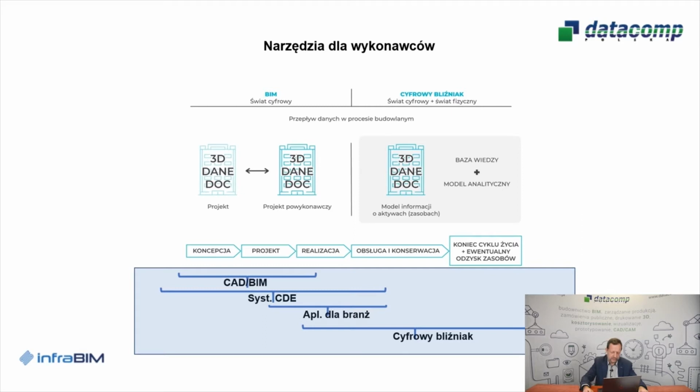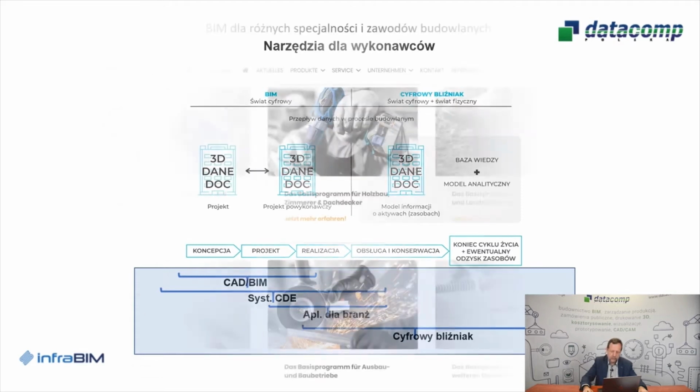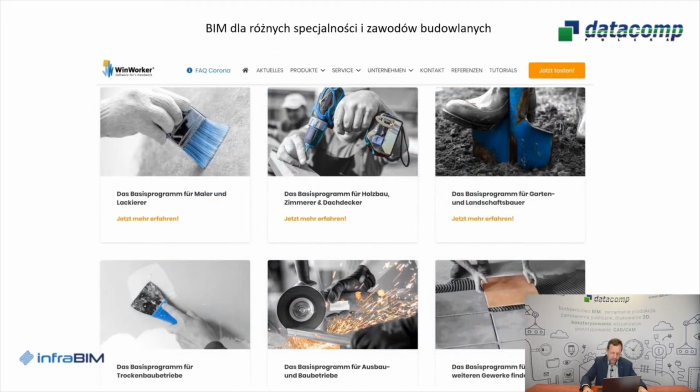At the bottom of the drawing, we have a scheme showing the IT tools and the scope of application in individual stages of implementation. The designing tools and the tools for managing the investment are quite well known. So let me just discuss the tools for constructors and individual sub-industries and professionals.